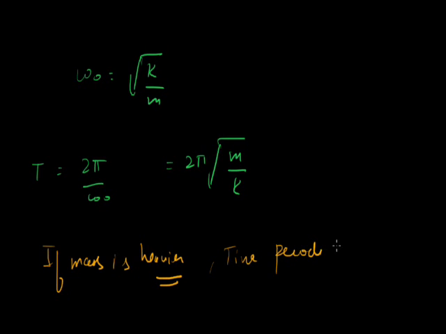If the time period is more, it requires more time to oscillate, which means the oscillation is slow. So we understand that if the mass is heavier, we have slower oscillations, or a longer time period. The time period also depends on the spring constant k.